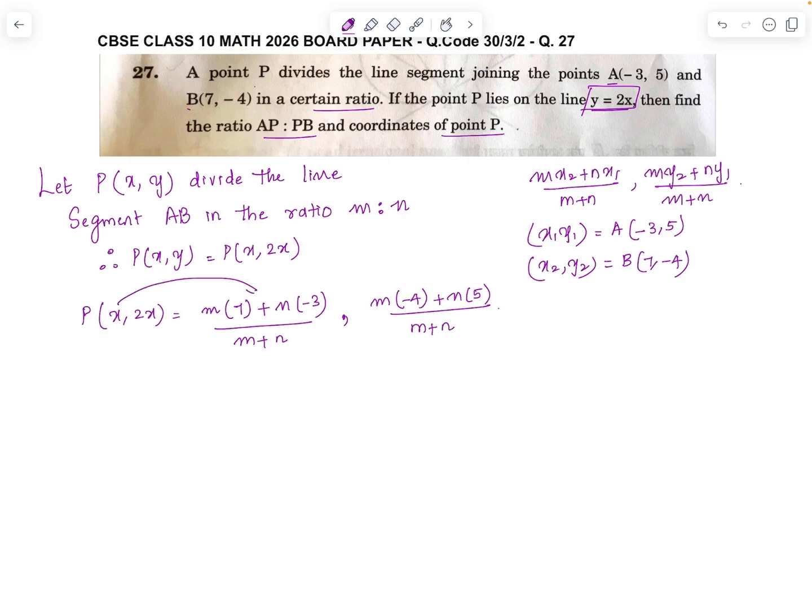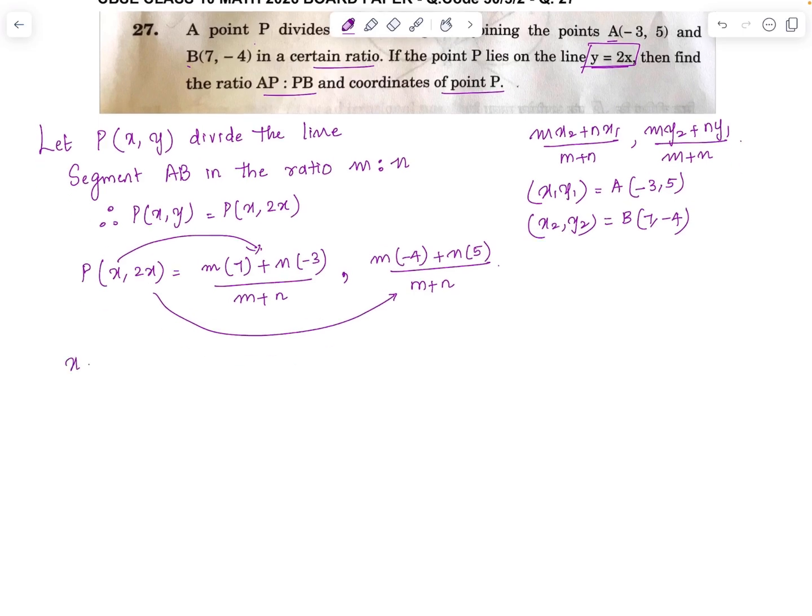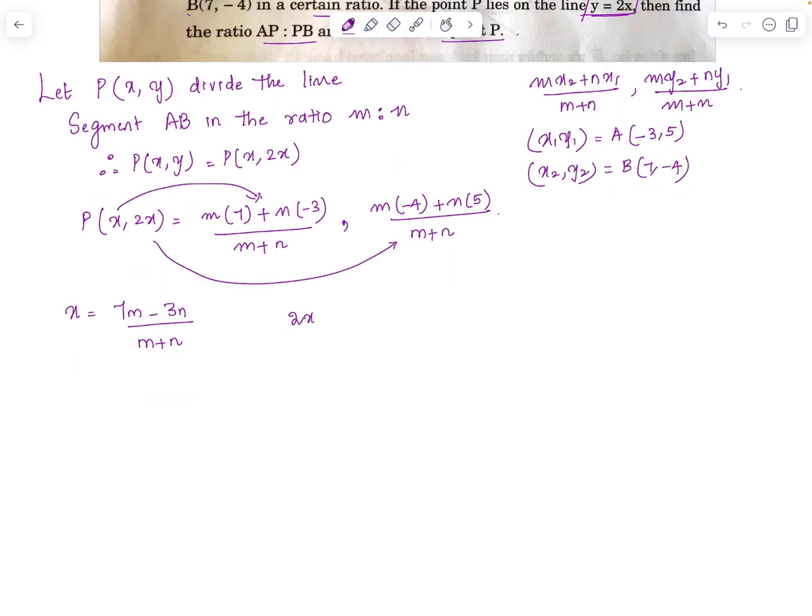Equating the x coordinates and the y coordinates separately, we get x is equal to (7m minus 3n) upon (m plus n), and 2x is equal to (minus 4m plus 5n) upon (m plus n).